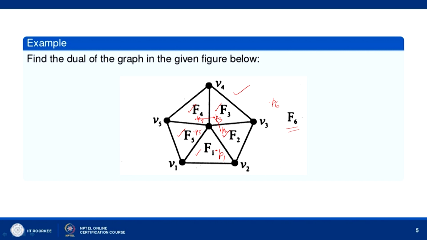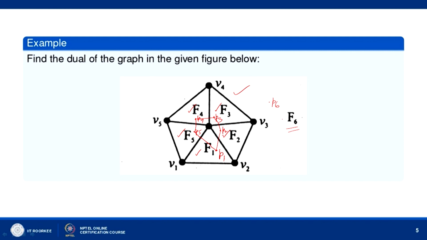Then F2 and F1 are adjacent, so we join P2 to P1, crossing the edge which is common to F1 and F2 exactly once. Similarly, we join P1 to P5 because F1 and F5 are adjacent regions, and F5 and F4 are adjacent regions, so we join P5 to P4.